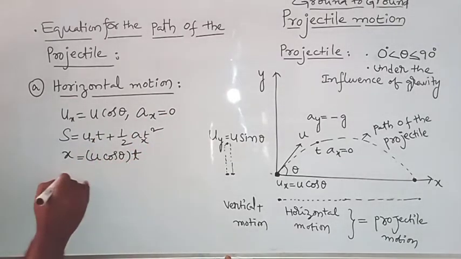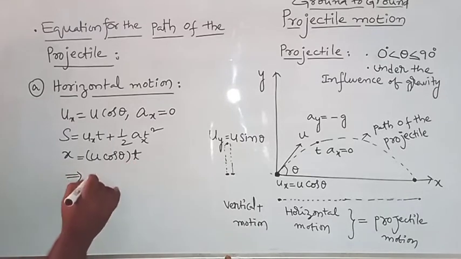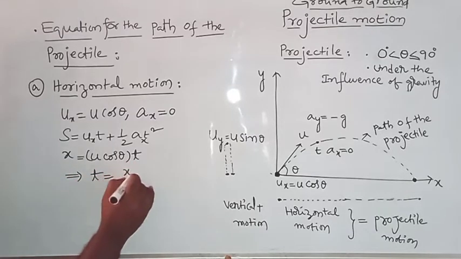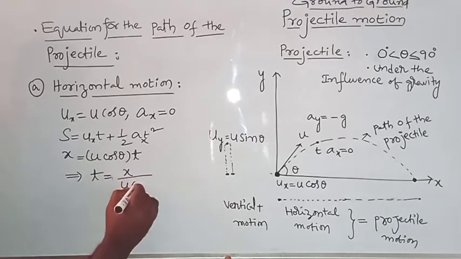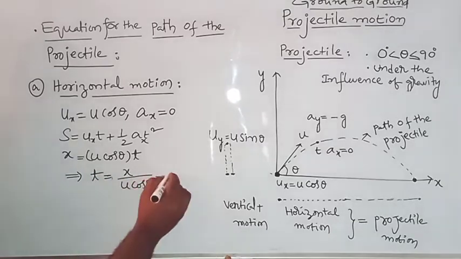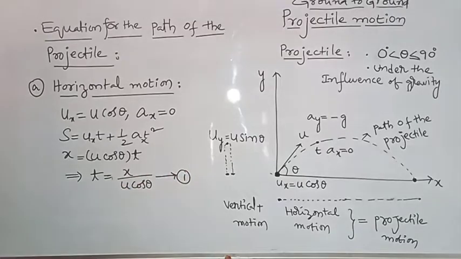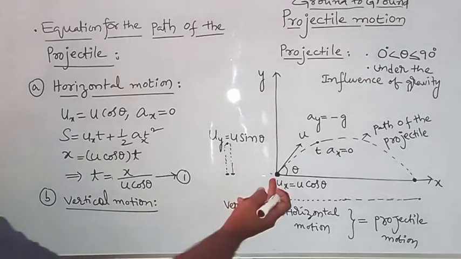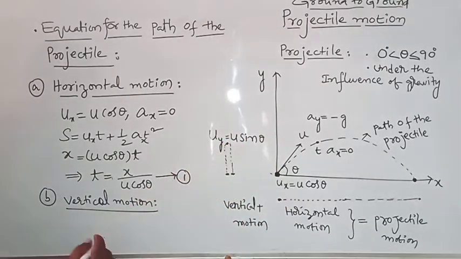So finally what we can write, t value find out, t equals x upon u cos theta. Let us take this as equation 1. What is the vertical motion? In vertical motion, the initial velocity uy is u sin theta.